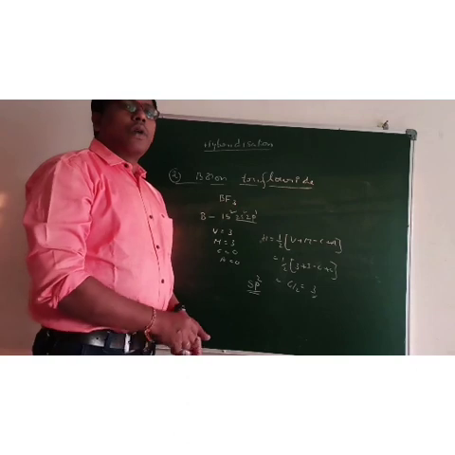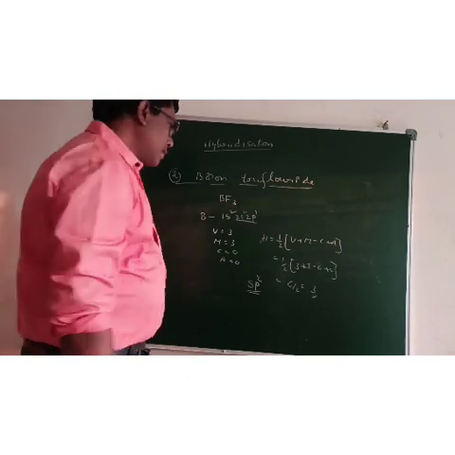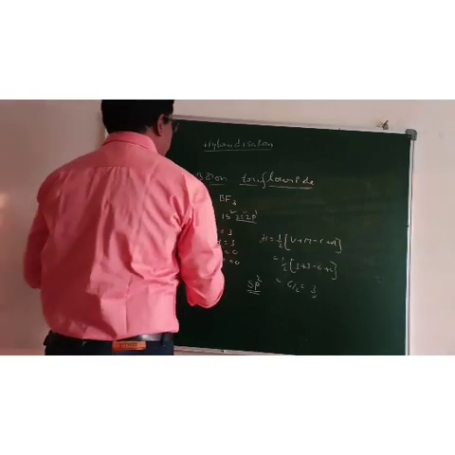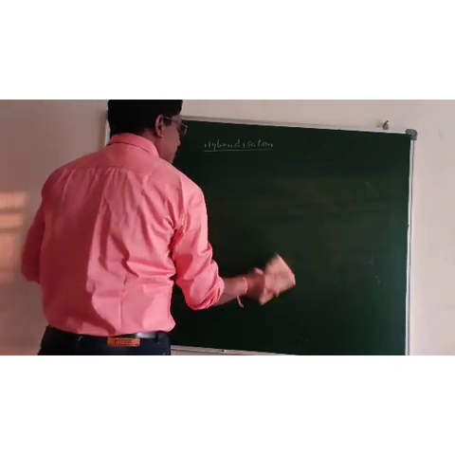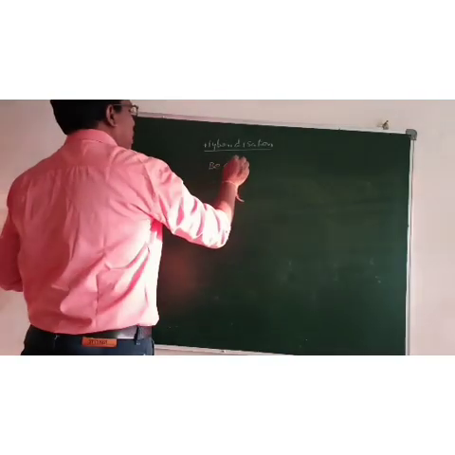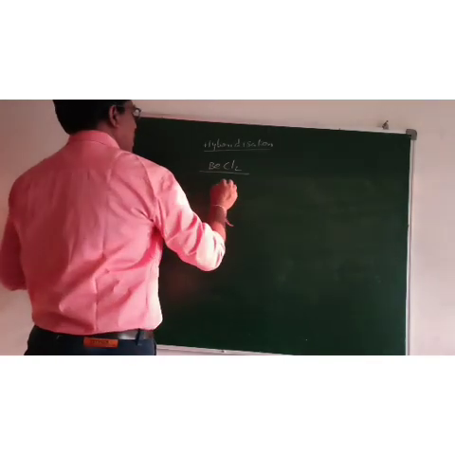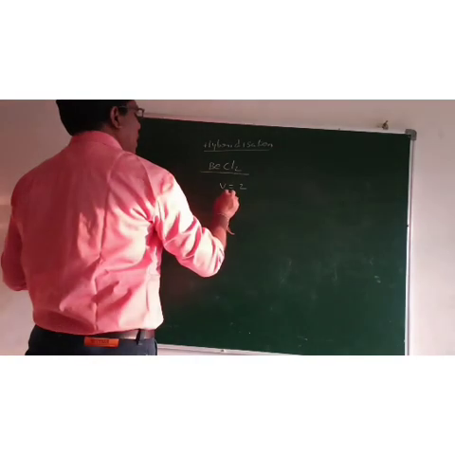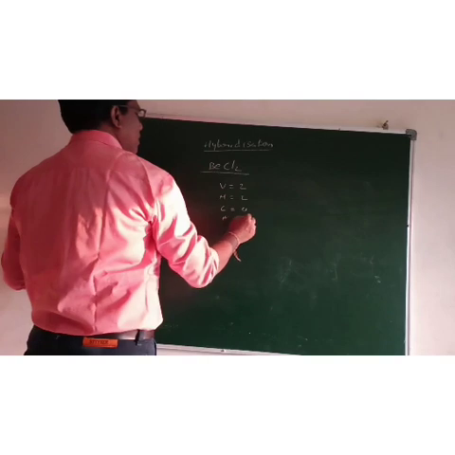Good. Next we go to another example. In the previous example, once again I explain beryllium chloride: central atom beryllium, valence electrons 2, number of monovalent radicals 2, C value 0, A value 0.